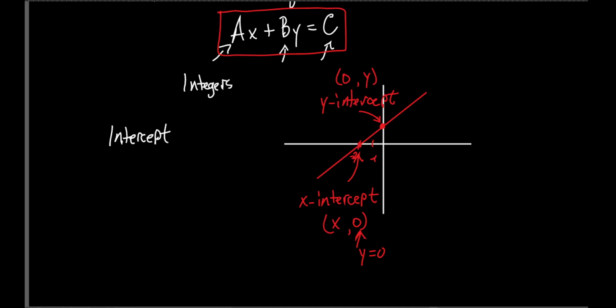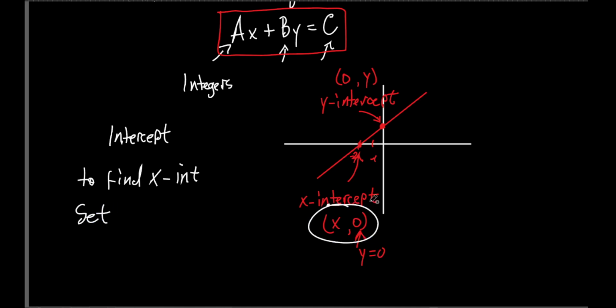So let me write it down here. Let's go back to white. All right, so to find the x-intercept, I'll just put int, is that all right? Instead of writing the whole word. So to find the x-intercept, you're going to set what equal to 0 here? The y is equal to 0.